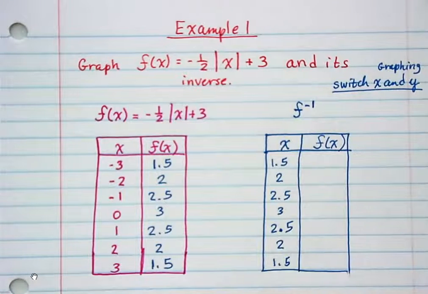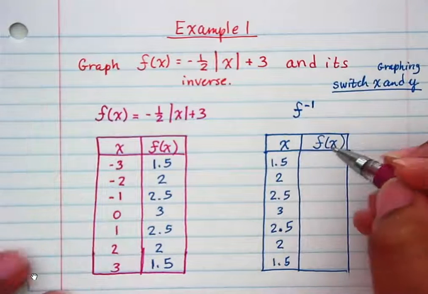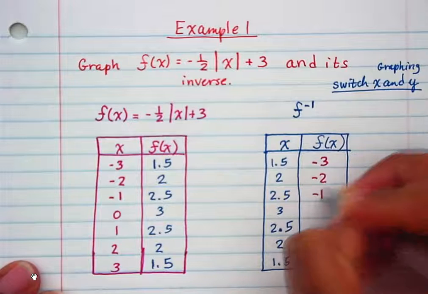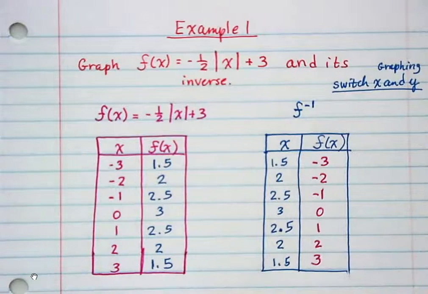We just flipped them. Then our original x values become our y values: 1, 2, and 3. With that, that's how we find the values for the inverse function.